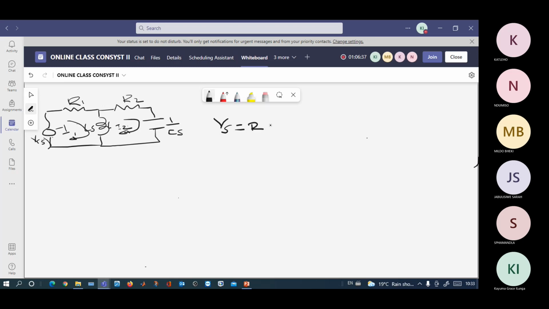R I1 S plus L. Here we're gonna have what?